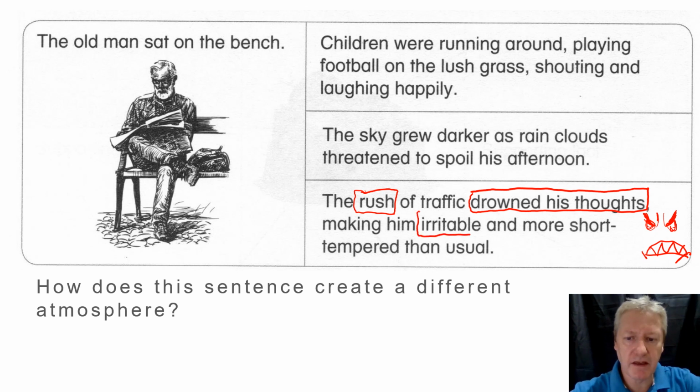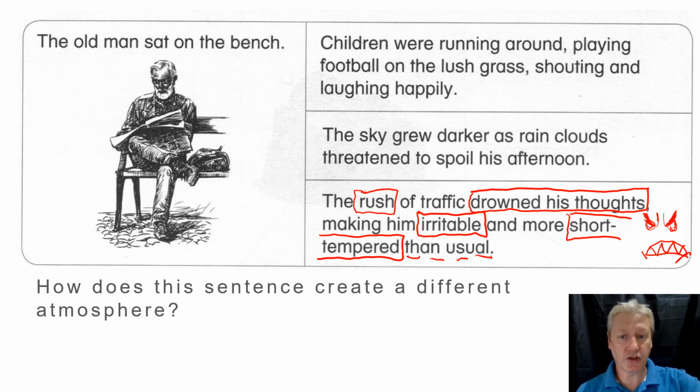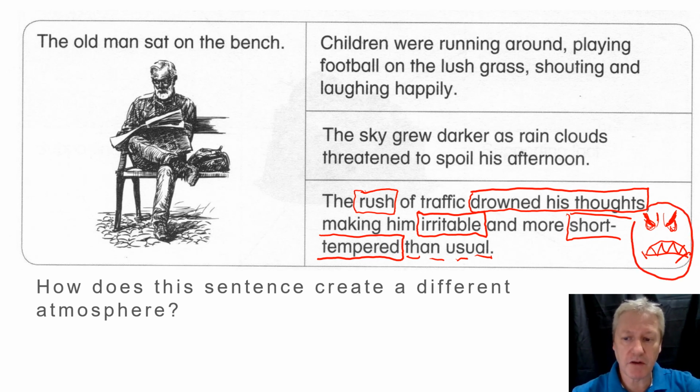This is making him irritable and annoyed. And look at this, more short-tempered than usual. So usually he is already short-tempered and grumpy. But now, because of all of this noise and smoke around him, I think he's getting really angry.